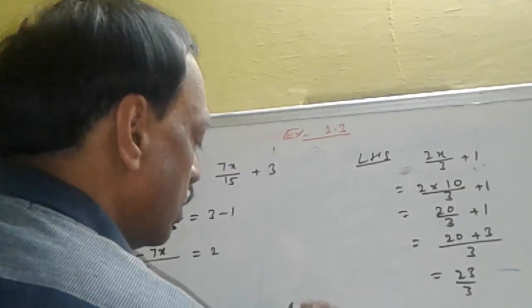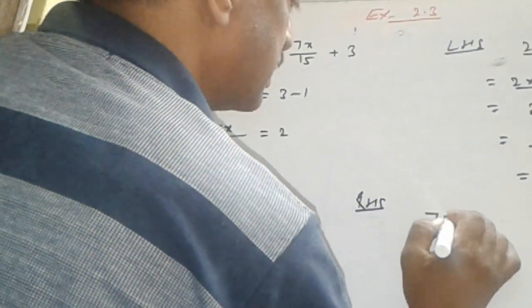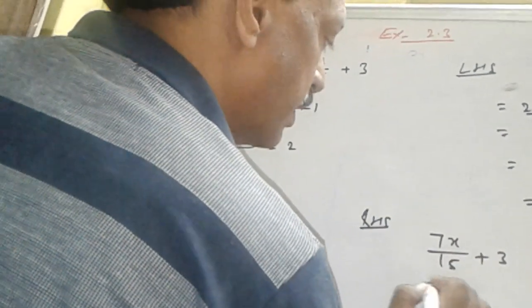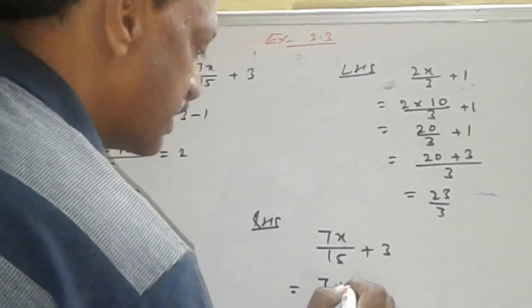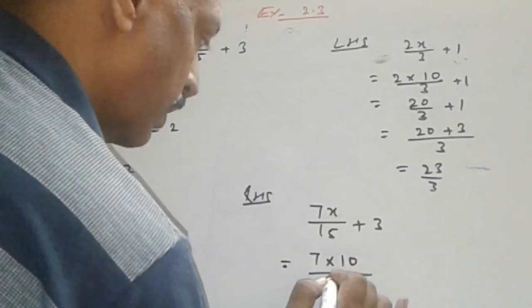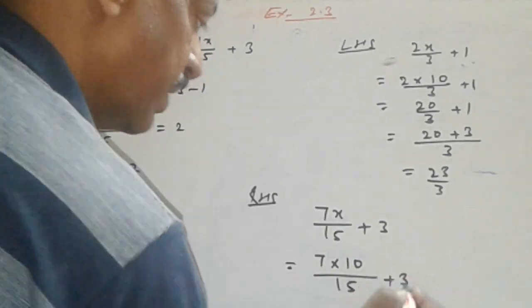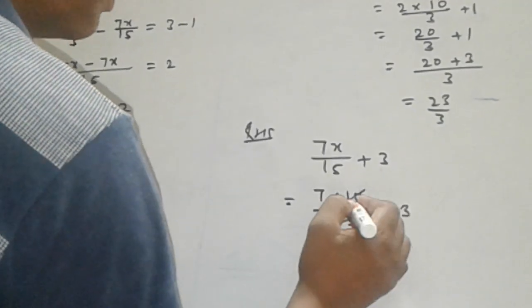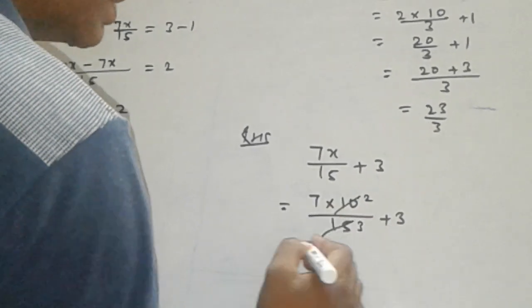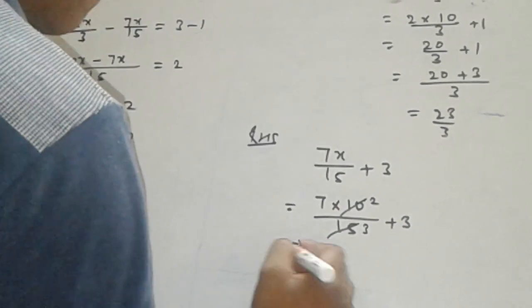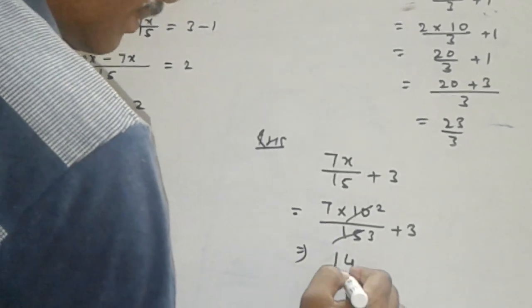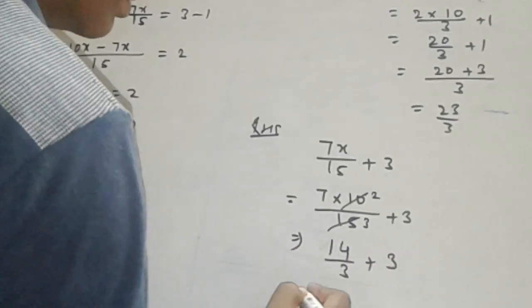Take the RHS now. RHS 7x by 15 plus 3. Put the value of x as 10: 7 into 10 by 15 plus 3. You can cancel the numbers here also, that it will be 5 times 2 is 10, 5 times 3 is 15. So 7 into 2, 14 by 3 plus 3.